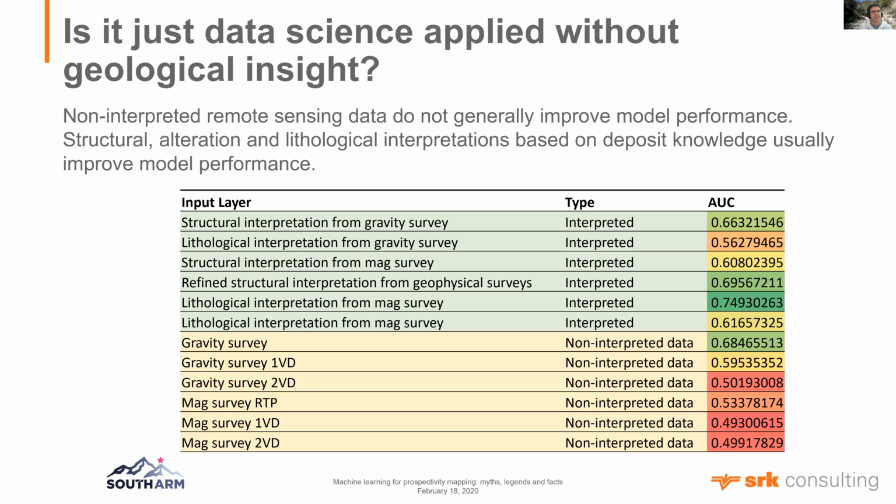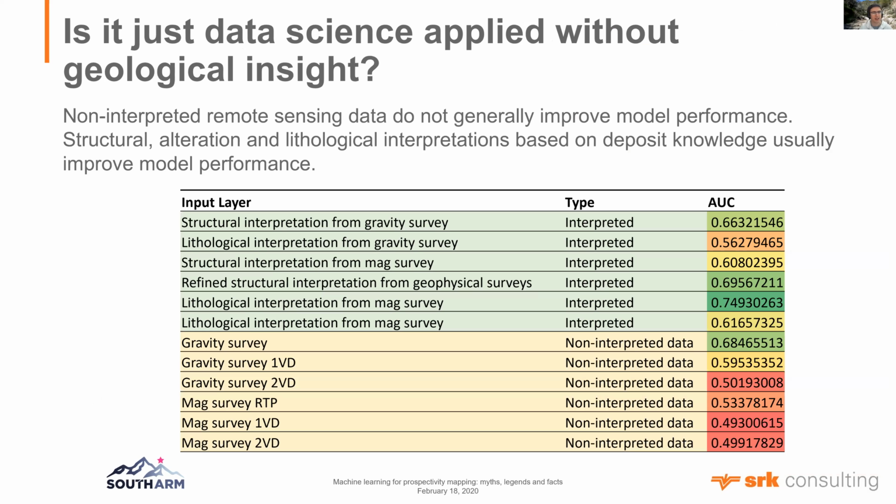So is it just data science applied without geological insight? There's a really good example here of what happens when you include raw data and what happens when you include interpreted, high quality data. Here's an example from another project where I calculated the individual AUC score for different layers.